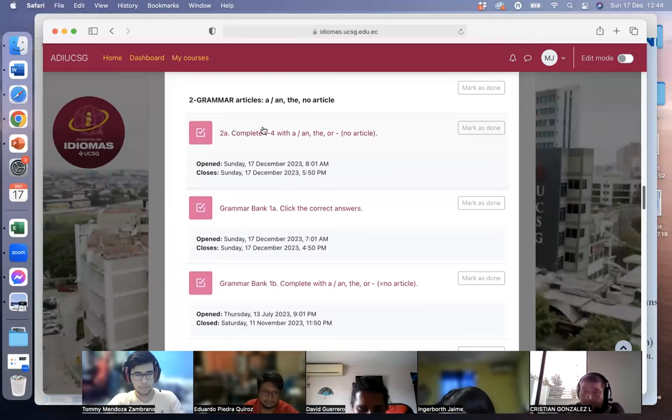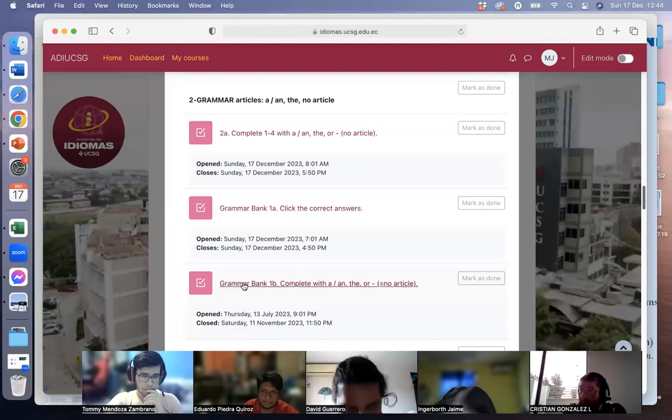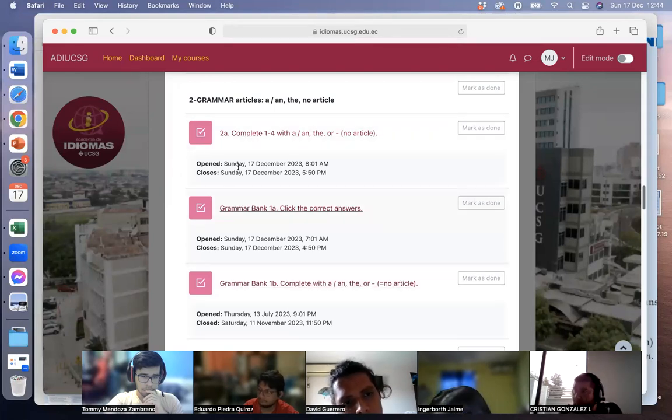And I would like you to complete these 3 activities. Activity 2A, complete 1 to 4 with a, an, the, or no article. Activity 1A, click the correct answer. And activity 1B, complete with a, an, the, or no article. Okay, so I would like you to complete these 3 activities: 2A, 1A, and 1B.